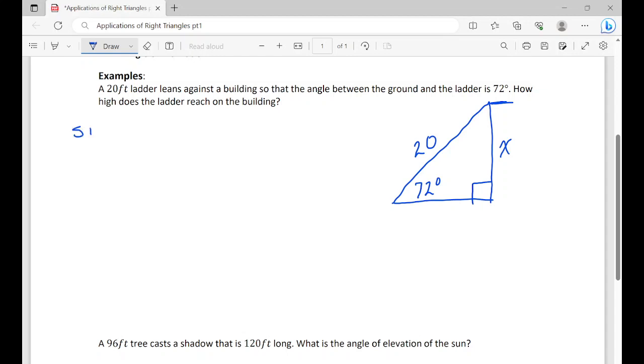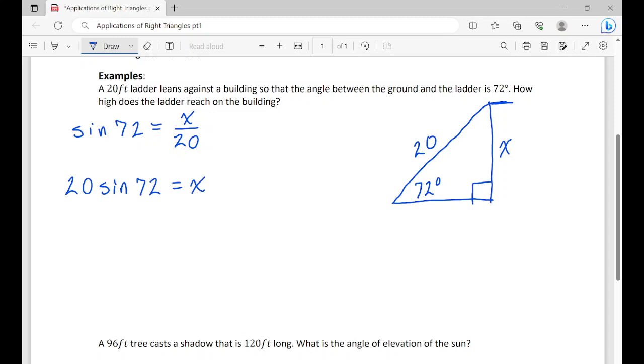So sine of 72 equals opposite over hypotenuse. Now I can solve for x. I multiply the 20 over to get x by itself, so I get 20 sine of 72 equals x.